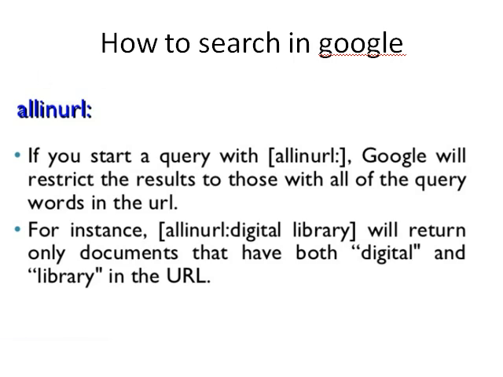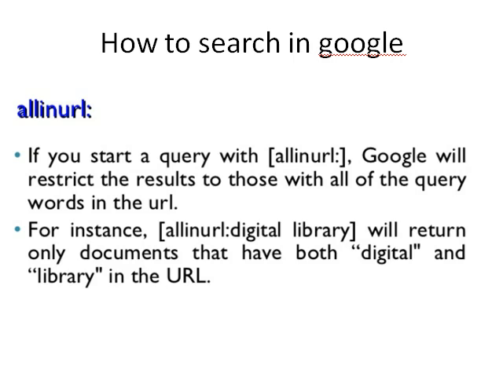The first one is allinurl. If you start a query with allinurl, Google will restrict the results to those with all of the query words in the URL.